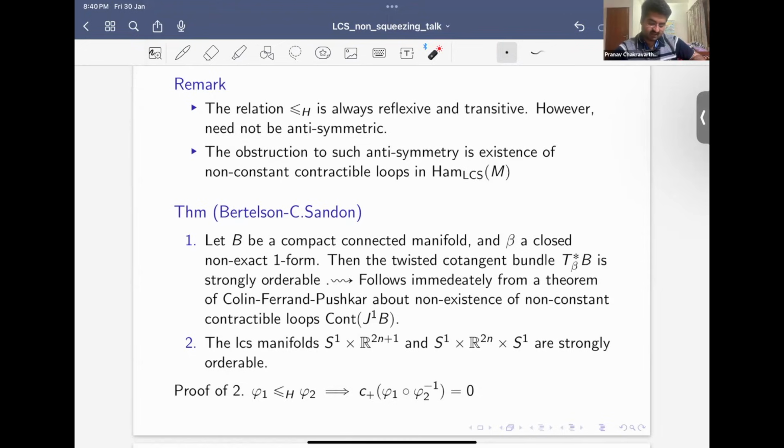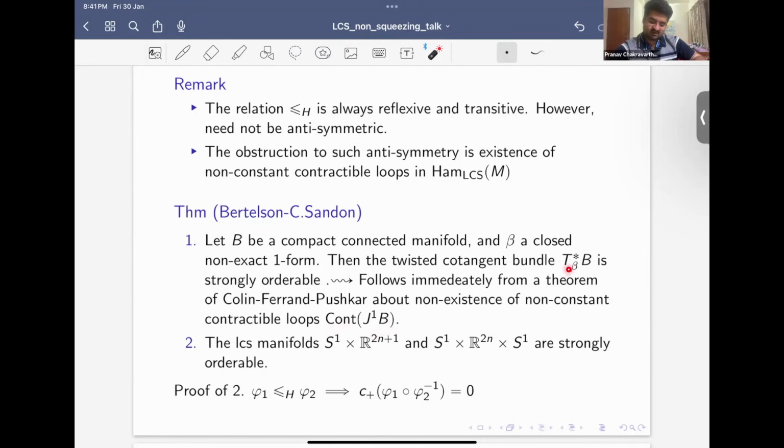And similarly, one can show that the twisted cotangent bundle is always strongly orderable. And this is again an easy consequence of a hard result in the contact case. There is a theorem of Colin, Ferrand, and Pushkar that says that there exist no non-constant contractible loops in the contactomorphism group.